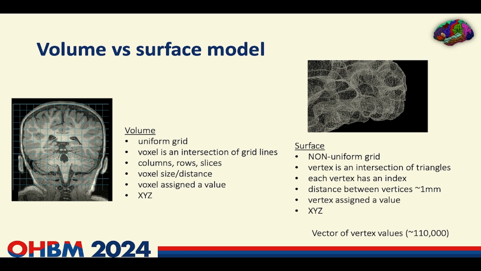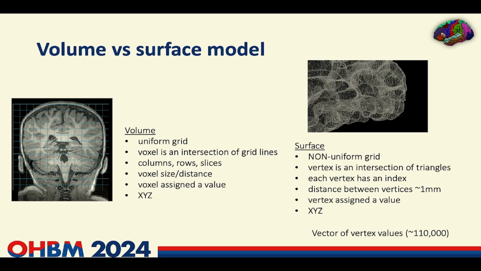The voxels have their sizes. So the voxel has three dimensions. We can compute distances between them, and they have values assigned to them, either intensity values or vectors of values, depending on what kind of image modality you're working with. And in the 3D coordinate system, we identify them by the XYZ coordinates.